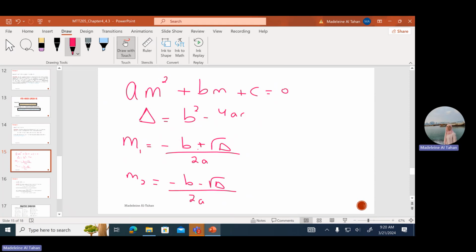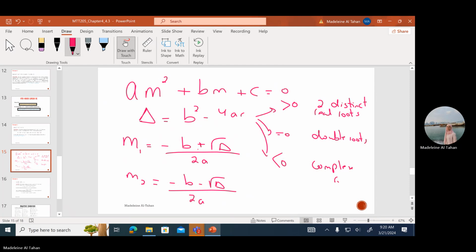These are the roots. If delta is greater than 0, we have two distinct real roots; equal to 0, we get double roots; and less than 0, we get complex roots.